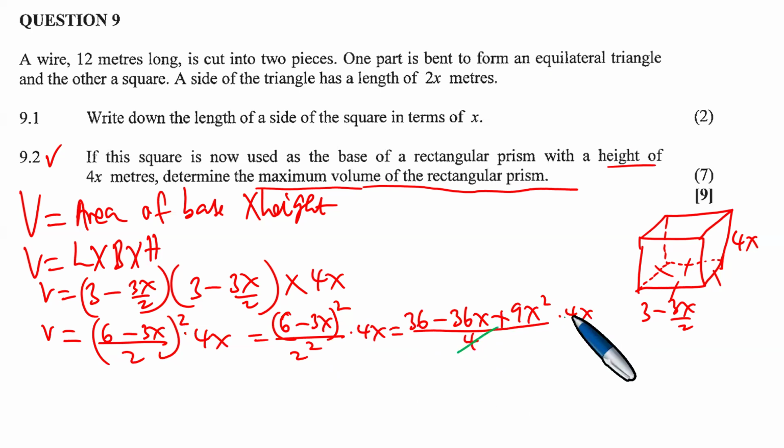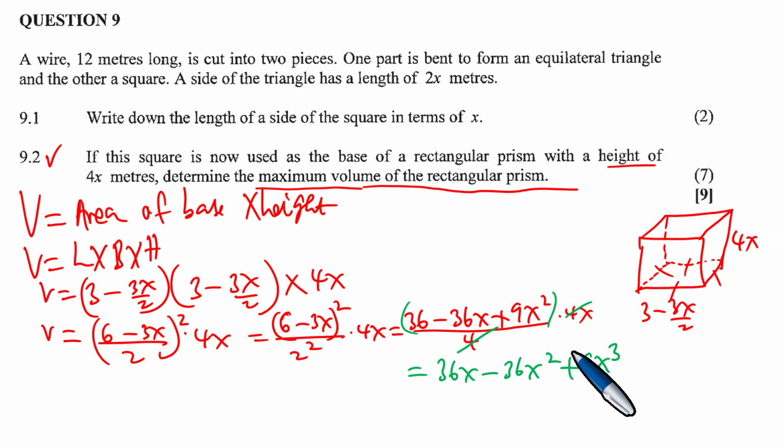Now, these 4s cancel out, and we allow further mathematical manipulation through distribution in the numerator. What we then get is 36 times x, which is 36x, minus 36x squared, plus you multiply x by 9x squared, you get 9x cubed.